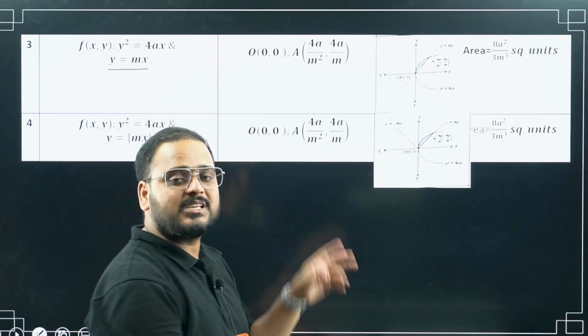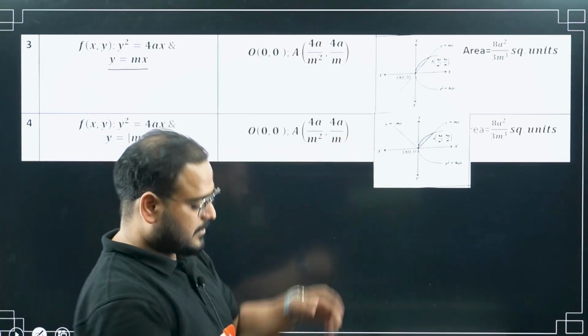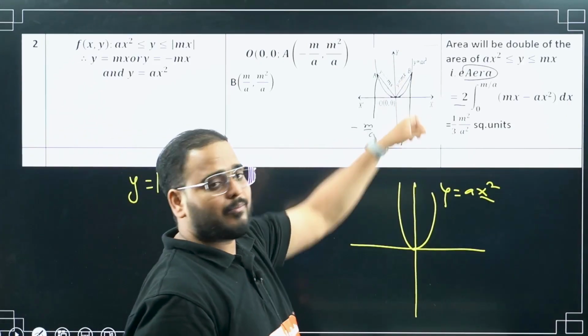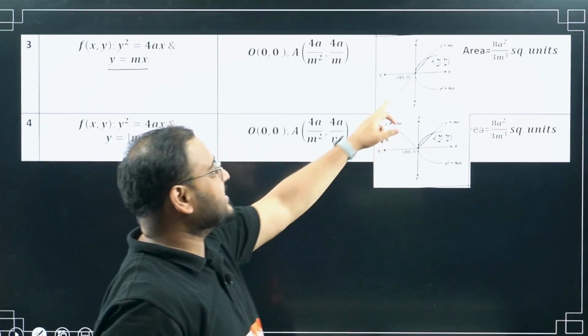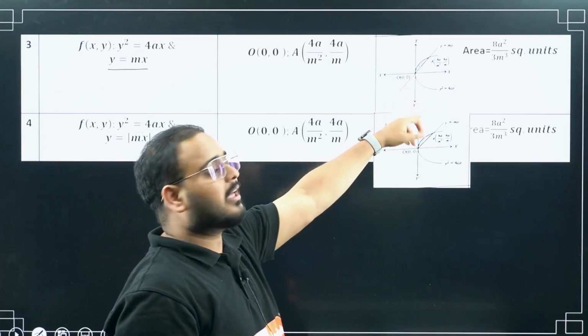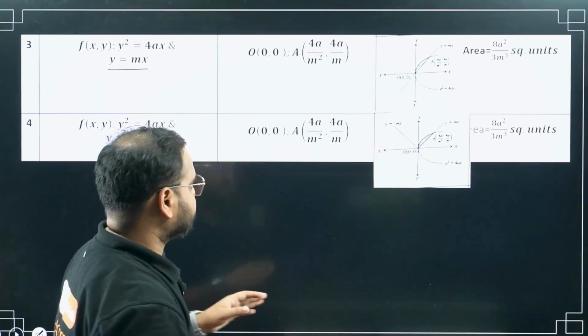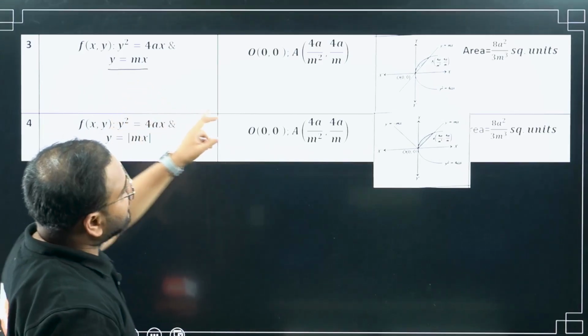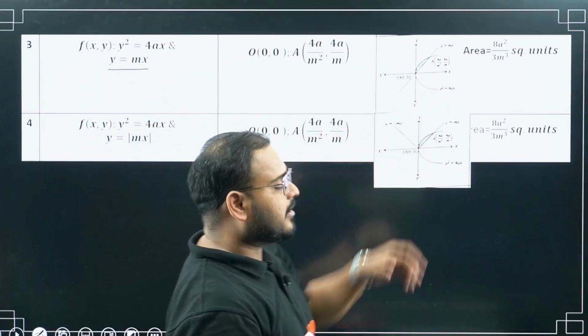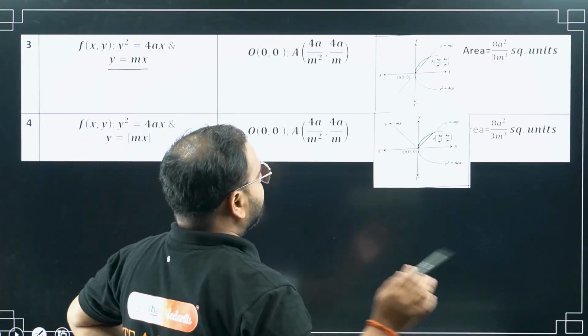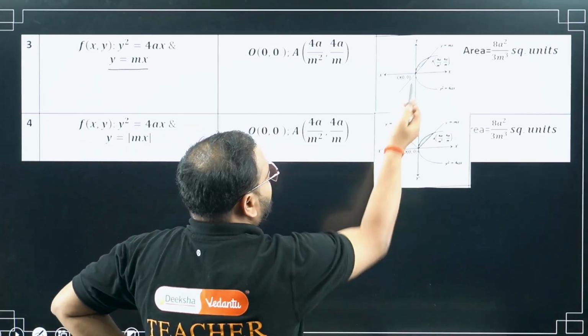But check now, in the previous case the line y equal to mx was above the parabola, but in this particular case the line is below the parabola curve. So if you take the shaded area, to find this area, what will we take first?